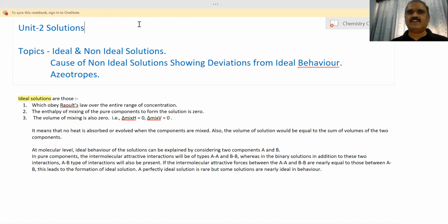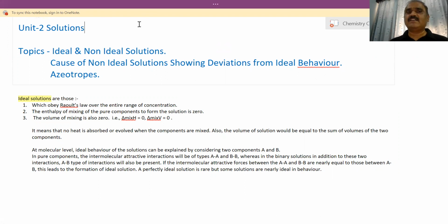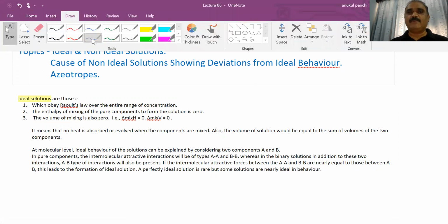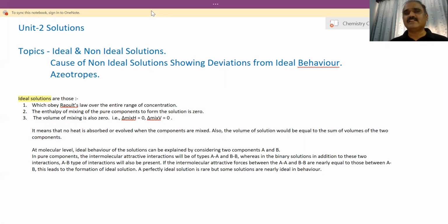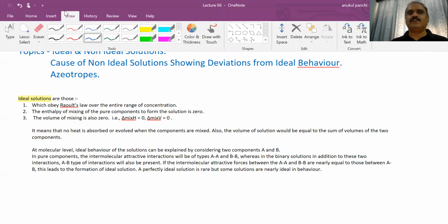What is Roller's law? Roller's law states that vapor pressure of a solution is the sum of vapor pressures of components, okay?